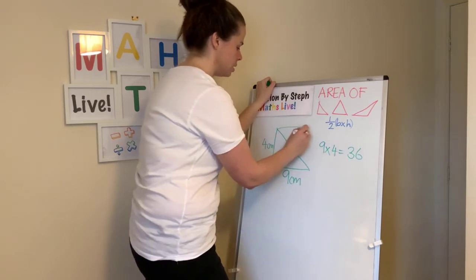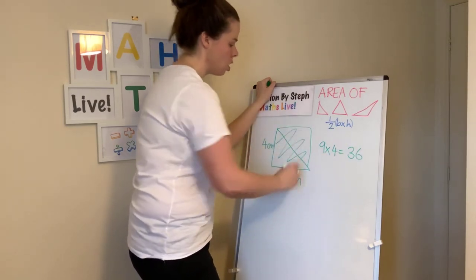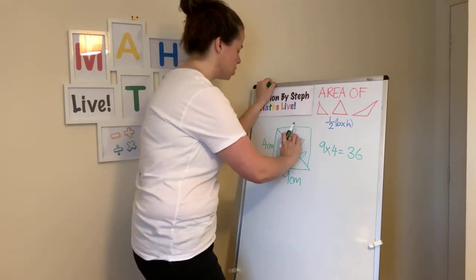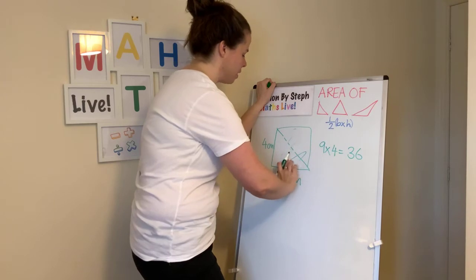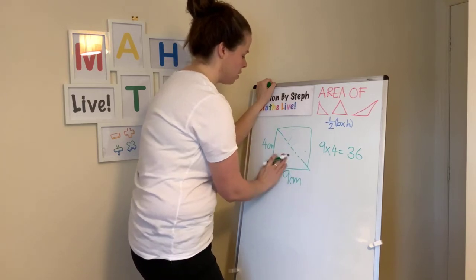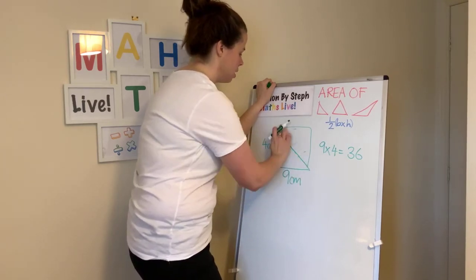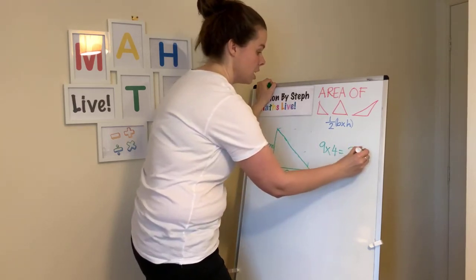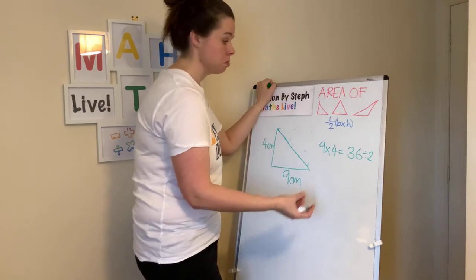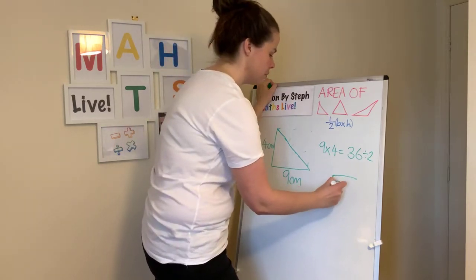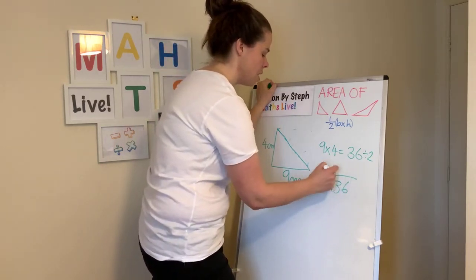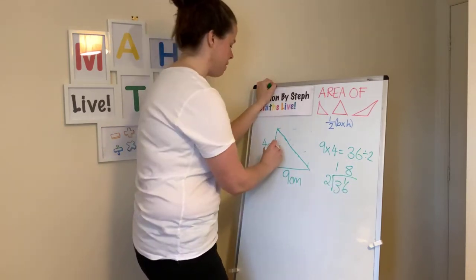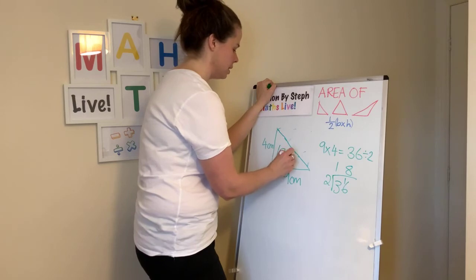But 36 represents all of that, and we don't want the whole quadrilateral. We only want half of it because that's the size of our triangle there. So what I've got to do to 36 is divide it by 2. Half of 36, if you're not sure, because it's got an odd number, 2 into 3 is 1, 2 into 16 is 8, so 18. So the area of this triangle is 18 centimetres squared.